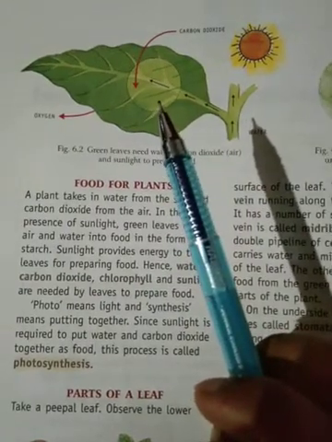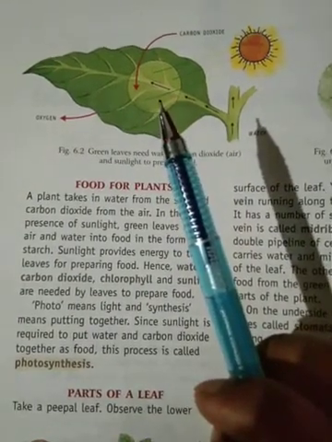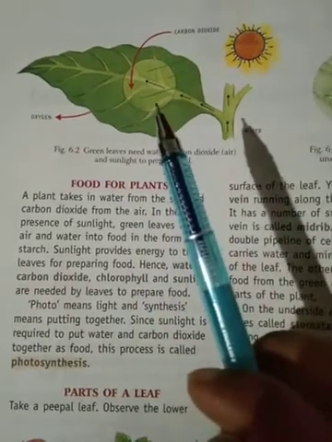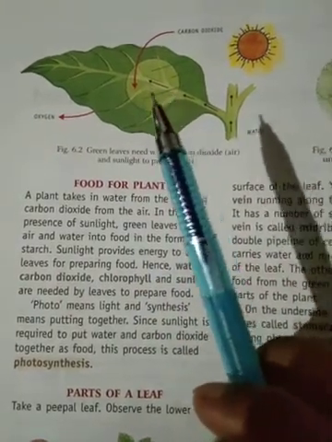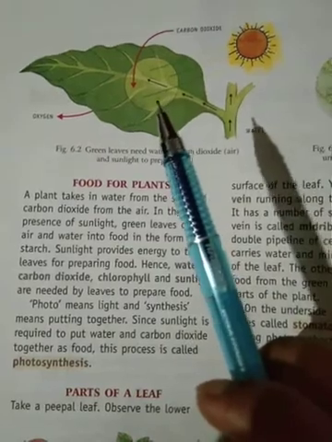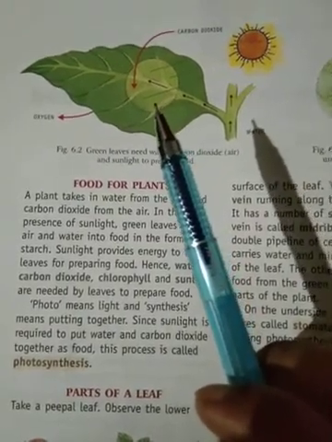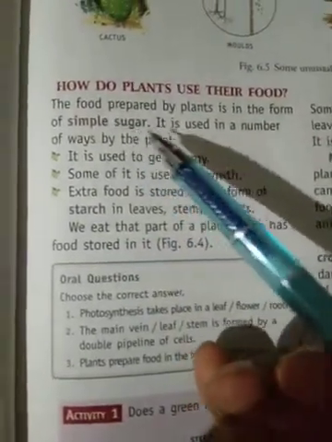Actually, there is a reaction between water and carbon dioxide inside the leaf, and from those two components, the first product that is made is called glucose, which is a simple sugar.